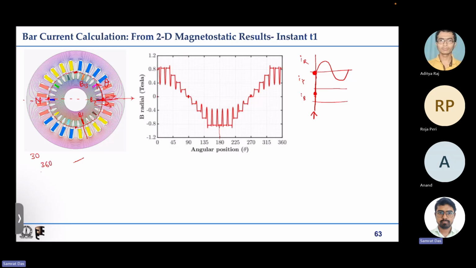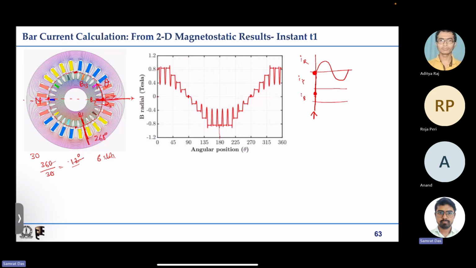Total is 360 degree, so 360 by 30 is 12 degree. The difference between 1 and 7 is 6 slots, so if this is 0 degree, this has to be 6 times 12 degree, that is 72 degree. So 360 minus 72 will be 288 degree.